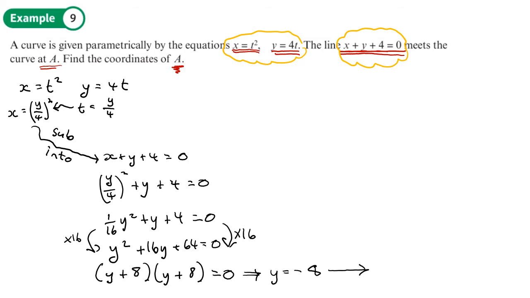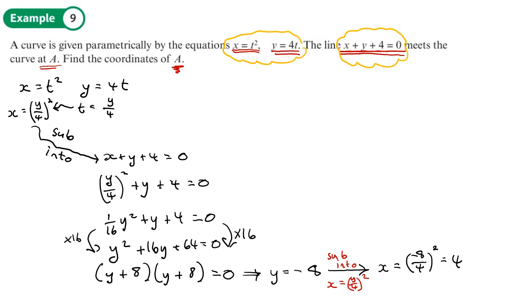To do that, I can just substitute that negative 8 into the equation x equals y over 4 all squared. So we'll get x equals negative 8 over 4 all squared. That's going to be negative 2, and negative 2 squared is 4.